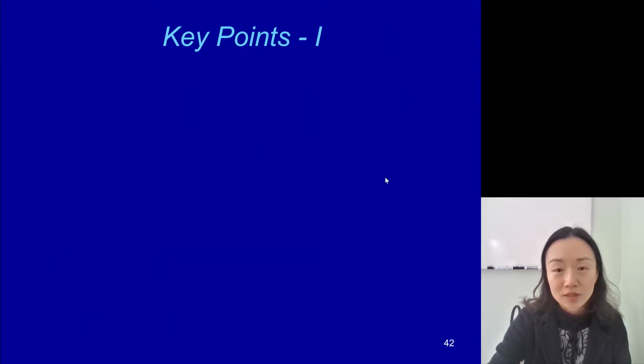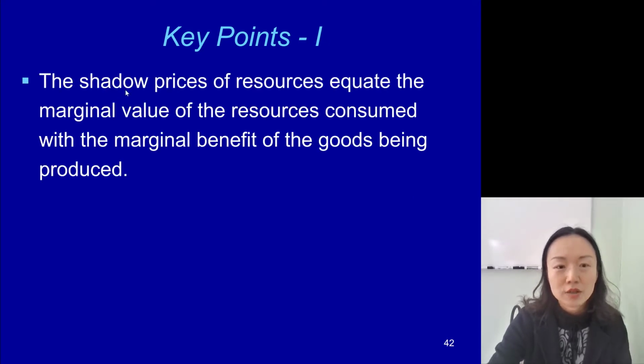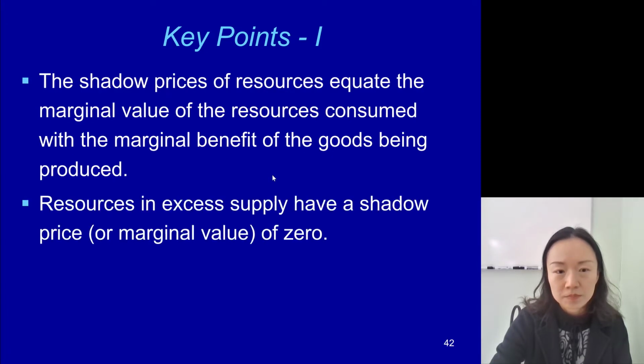So some key points to summarize from the shadow price reduced cost part. The shadow prices of resources equate the marginal value of the resources consumed with the marginal benefit of the goods being produced. And the resources in excess supply have a shadow price of 0.